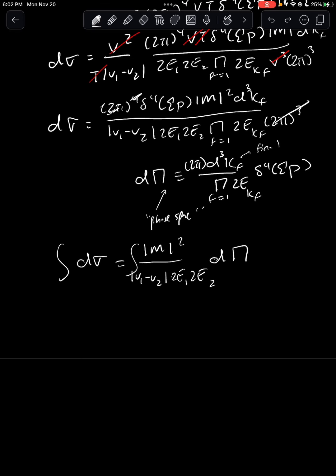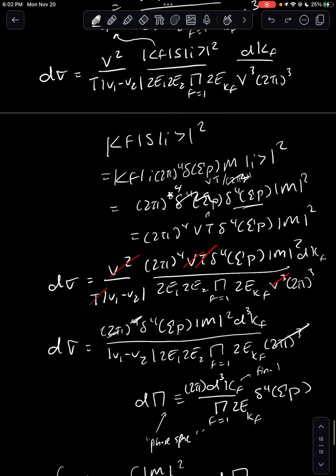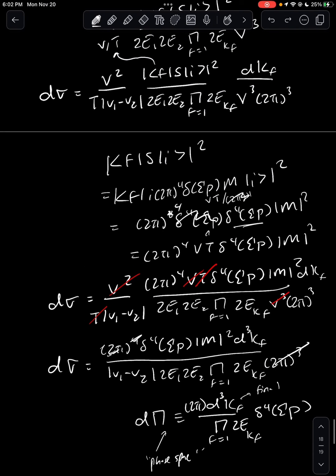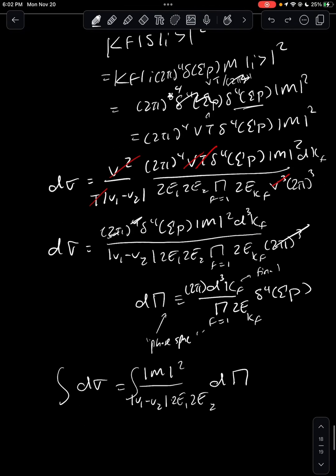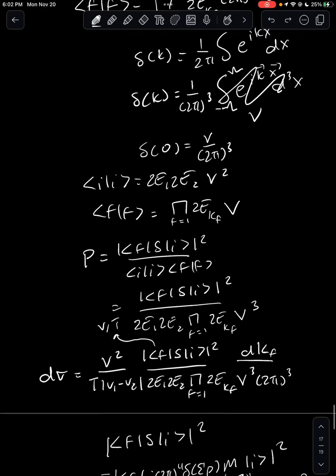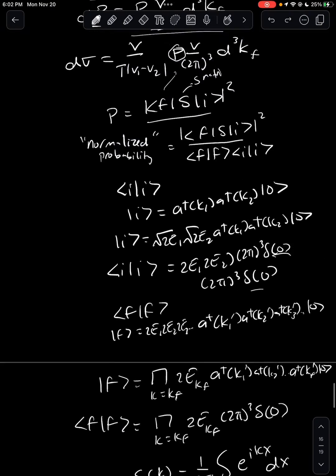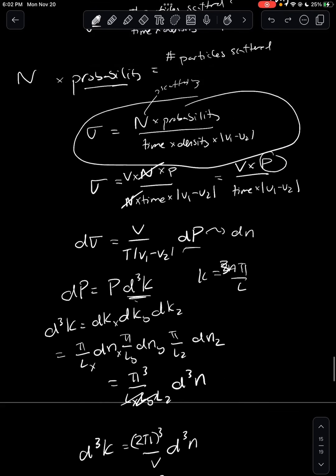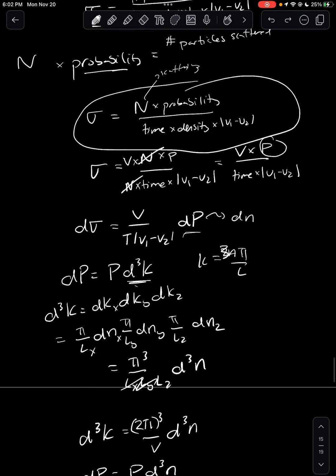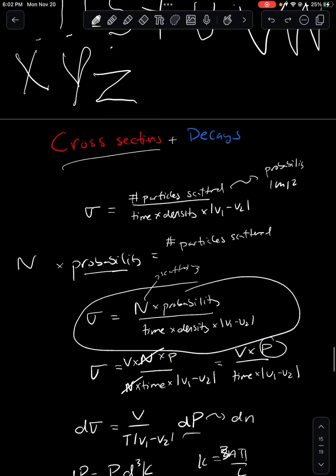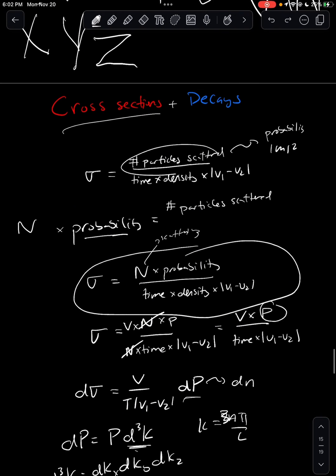Now, I know that the steps we've used might seem confusing and a bit unmotivated, but let's backtrack to the main idea of what we're doing. So we defined this quantity called the cross-section, which is supposed to be something that you can actually measure. It's just the number of particles scattered per time per the flux.